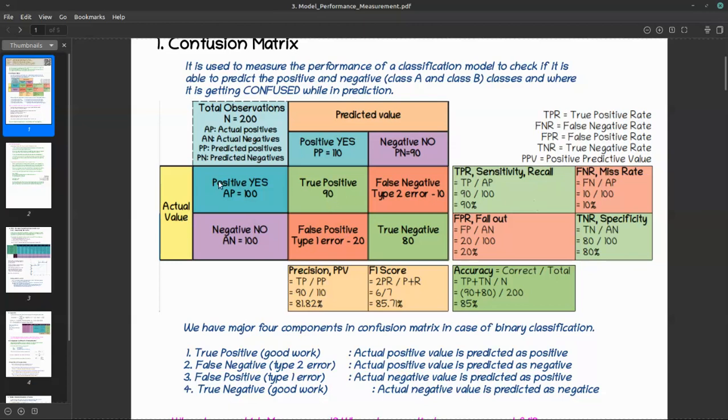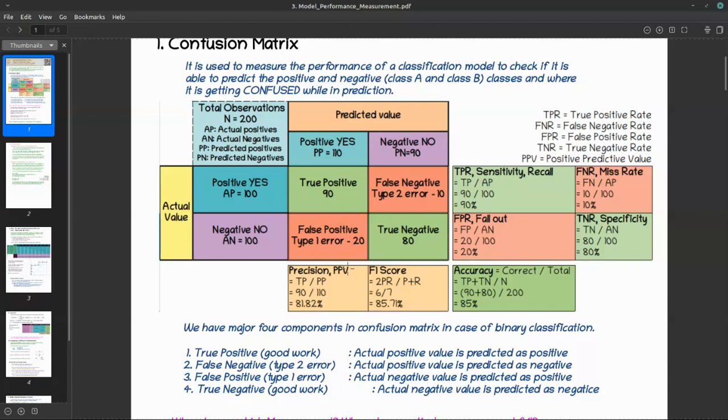Because mostly we care about this positive result, that we are able to find the positive category, whether it will happen or not. So true positive divided by actual positive. Out of actual positives, how many are you able to get? So it's nothing but the sensitivity, how sensitive your model is. So TP divided by AP.